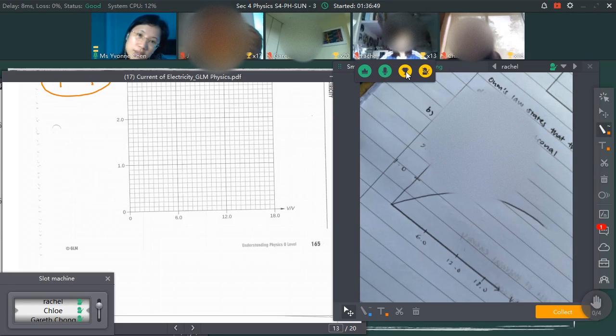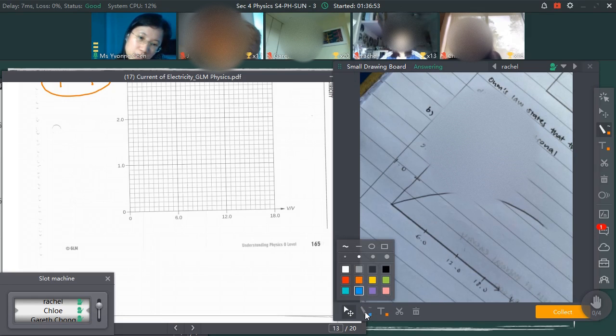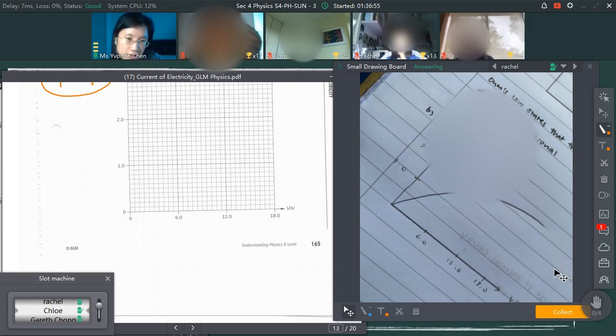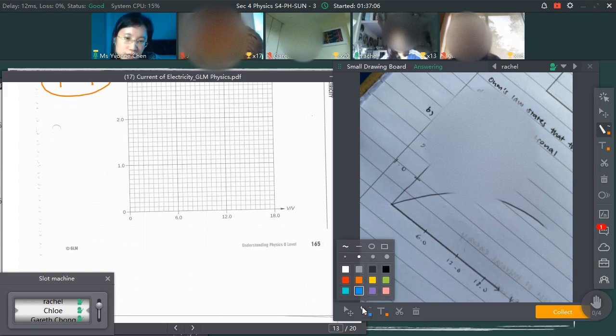Okay, well done, Rachel. You may want to extend a bit more. In general, the shape is okay. Rachel, the final voltage is not very clear for the time being. So you'll need to show that the final voltage is going to be like 3.